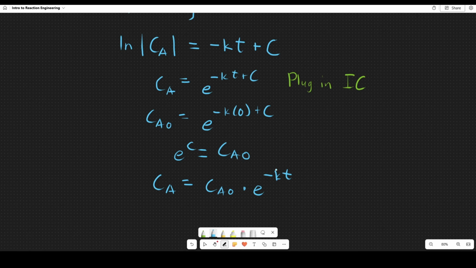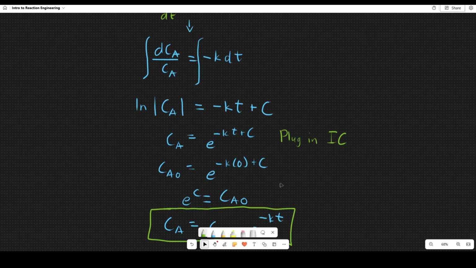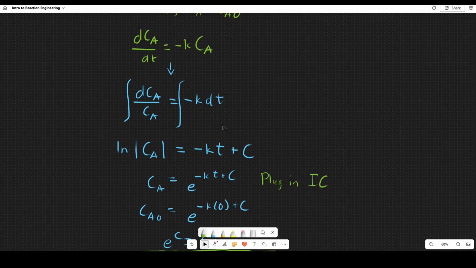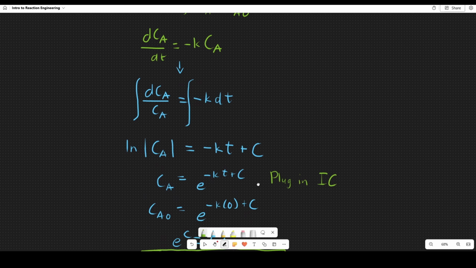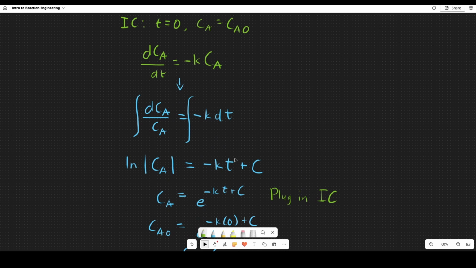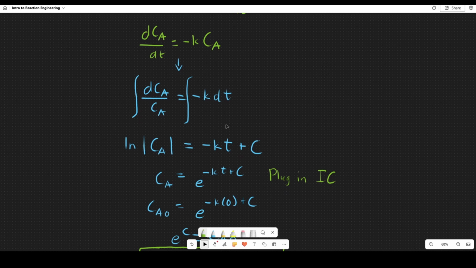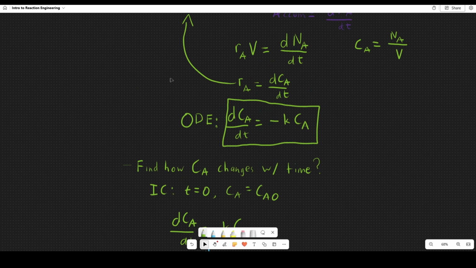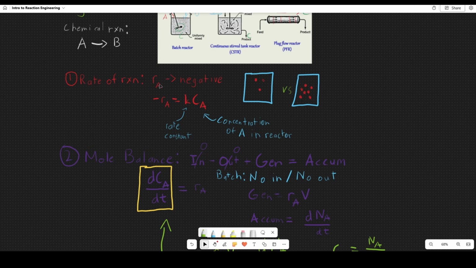So this is now the equation that tells us how the concentration of A is changing in the reactor with respect to time. And this is for a first order reaction, but depending on what your specific reaction is, if it's second order, or third order, or even for negative orders, and so on, you can solve this equation for that too, as long as you know what R sub A is.